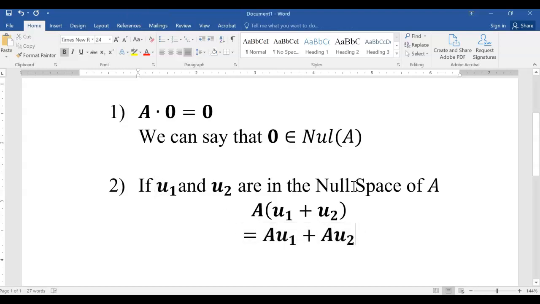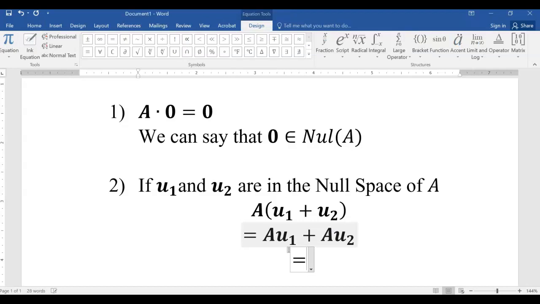But each one of these being in the null space, well, what does the null space mean? The null space means that if you multiply it by A, you get 0. So because u1 is in the null space, if you multiply u1 by A, you get the 0 vector.